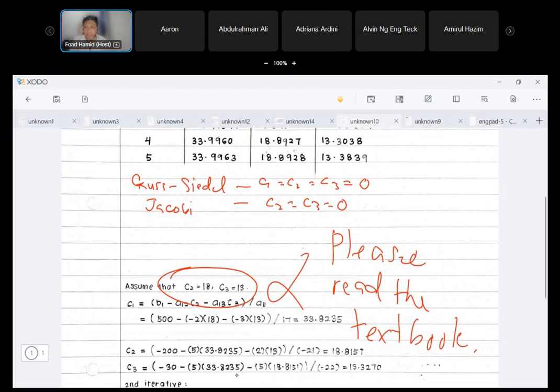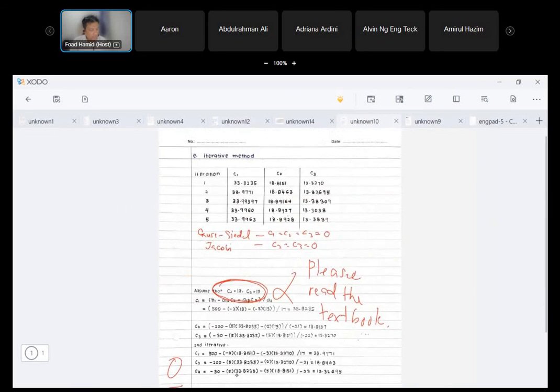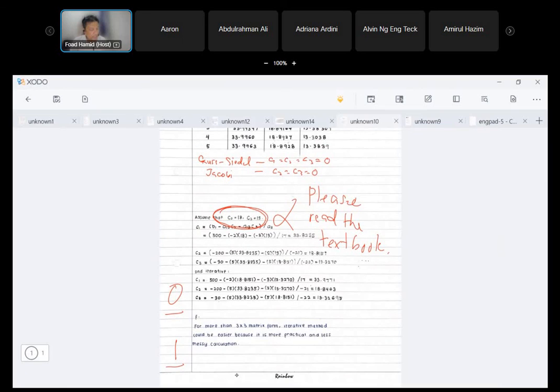I think I posted this in e-learning on my lecture slides. So this is why I said, please read the textbook. This can be found in the textbook, just in case you don't know what value to use. Anyway, in this question, I didn't want you to solve this.